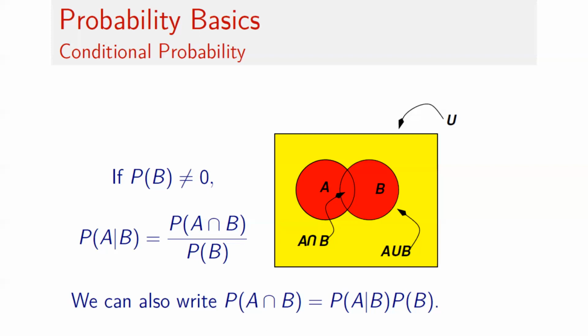In other words, for the dart to land on capital A, given that it has landed on capital B, it must land at the intersection of capital A and capital B. The probability of A given that it has landed on B is the probability of the intersection divided by the probability of B. So here we have this formula, and it says that the probability of A given B is equal to the probability of capital A intersection capital B divided by the probability of capital B. Another way to write this is that the probability of the intersection of A with B is equal to the probability of A given B multiplied by the probability of capital B.